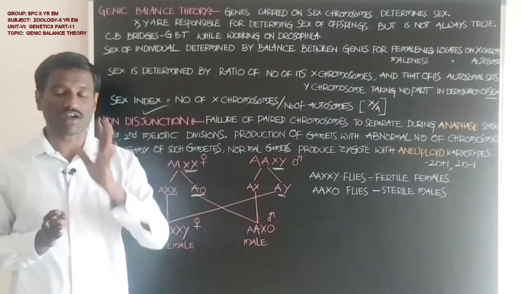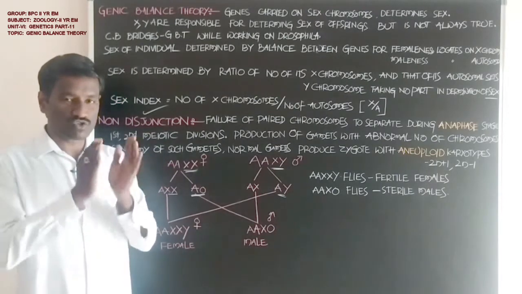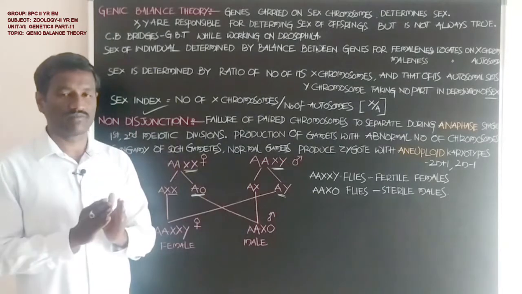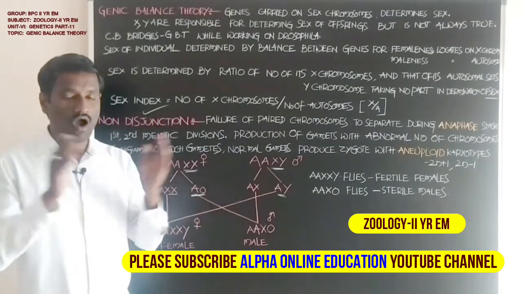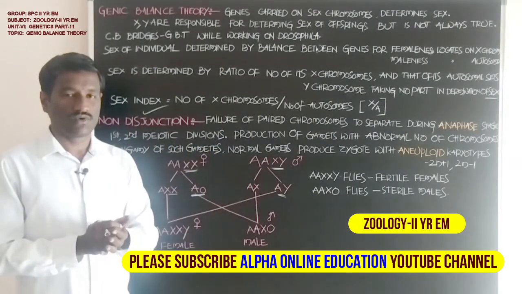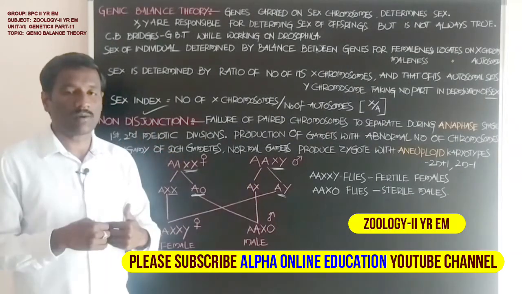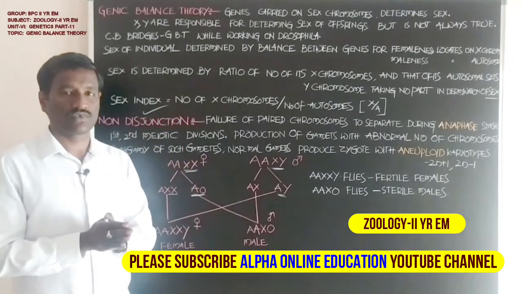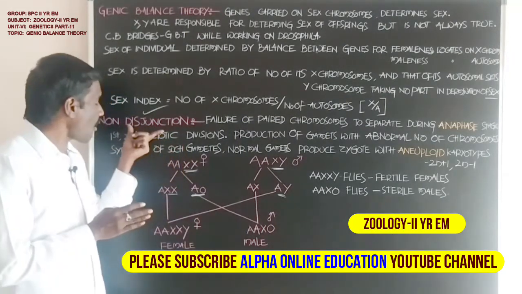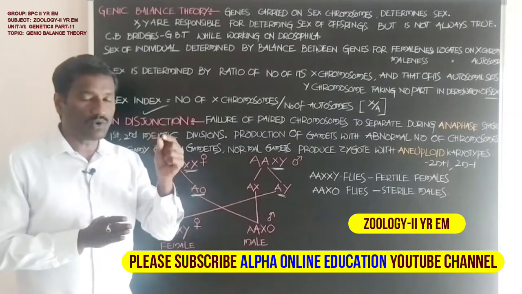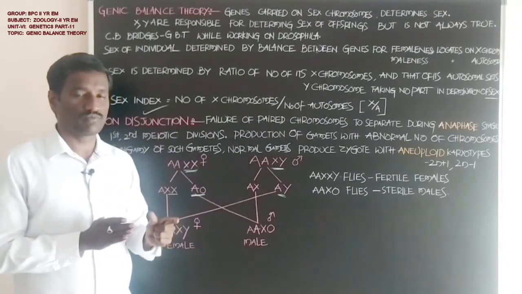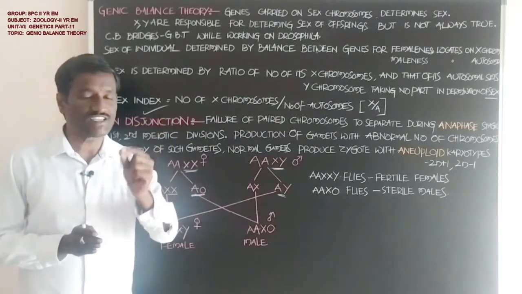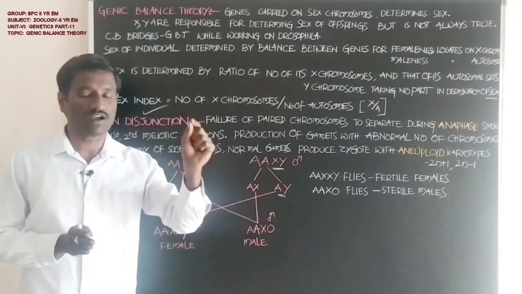The number of chromosomes is equally separated into opposite poles and moves into the daughter cells. In non-disjunction, there is failure of the paired chromosomes to separate during the anaphase stage of the first and second meiotic divisions.